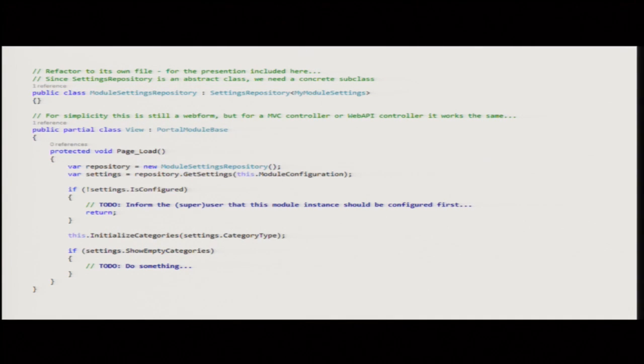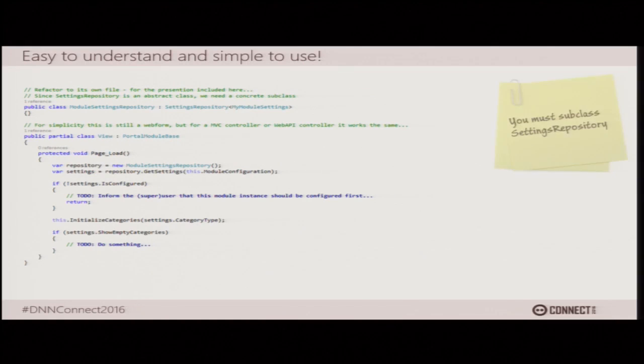If you look at a simple page load of a module, you'll see that I have to do some kind of repository get settings module, and then all of a sudden I can use the settings I previously defined. First of all, you need to subclass this repository, and this repository has a method called getSettings, which takes in a module info type.